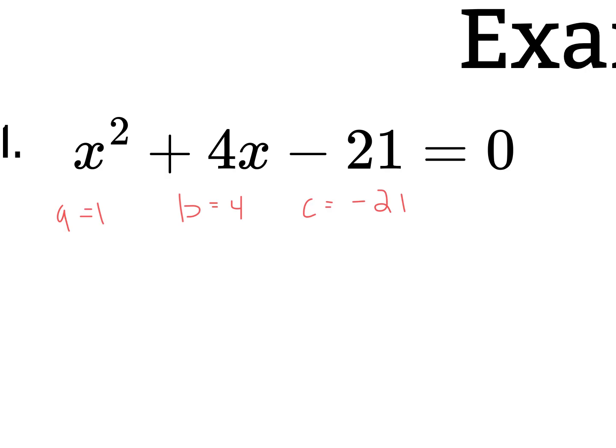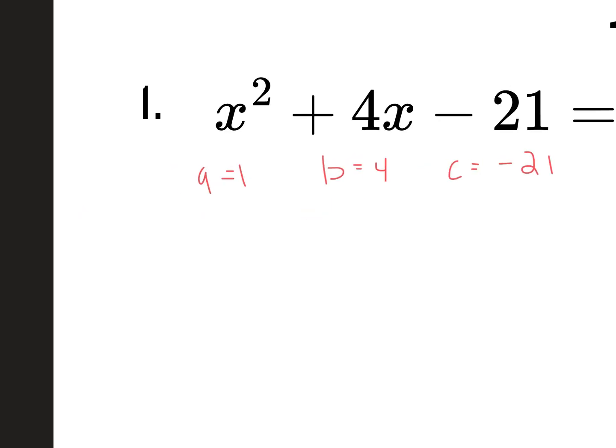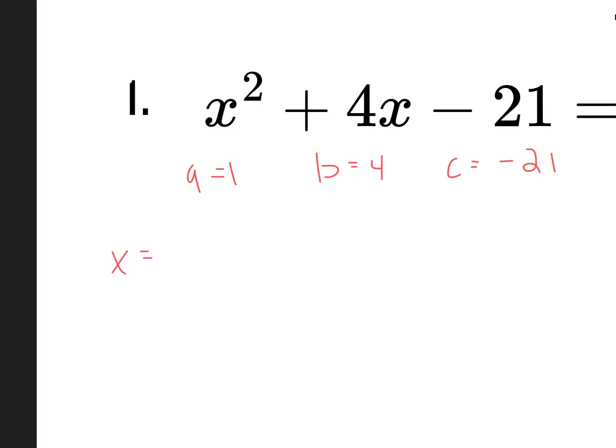So now, if you have your formula written down or you have it next to you, we're just going to fill in the numbers. So x equals, what's the first thing I write in the formula? Negative B. So I'm going to write negative 4, right? Then what? Plus or minus. Really important, guys. You have that plus or minus, and then we write a big square root.